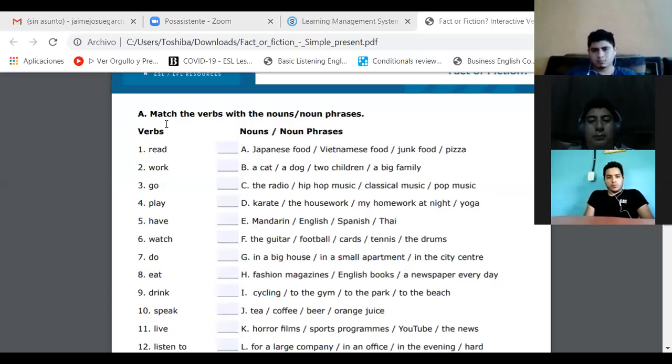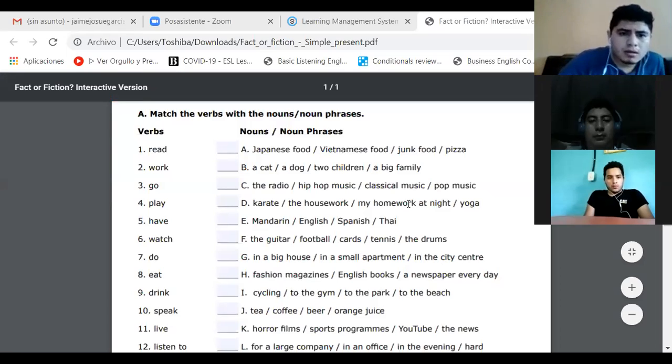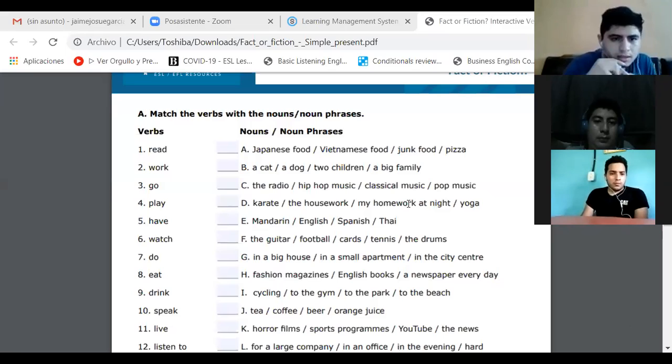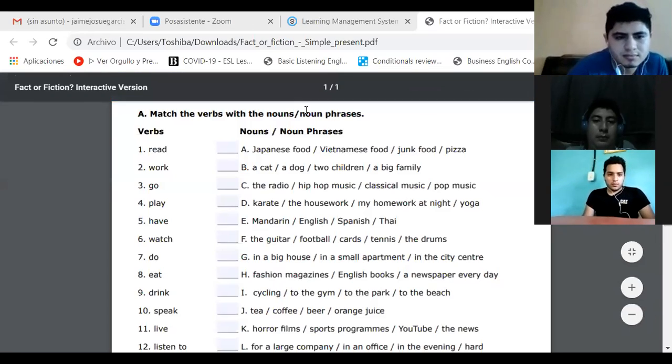Jose Alvarez, can you please read the instructions? Match the verb with the nouns or noun phrases. Right. Okay, look at this. I have 12 verbs and I have some nouns. So you need to match the verbs with the corresponding noun. Let's start with number one, read. Can you match this verb read, Jose Alvarez, with the correct noun?